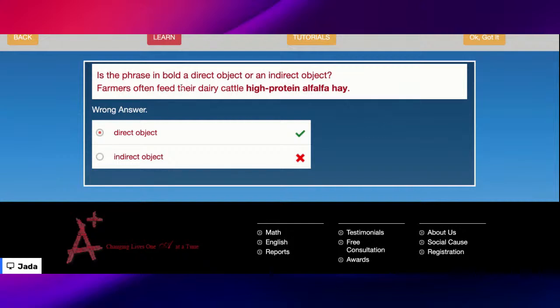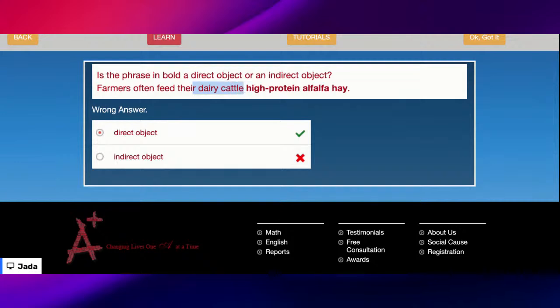Now, farmers often feed their dairy cattle high protein alfalfa hay. Now, feed is the verb. Feed here is the action verb, and then it says to whom do the farmers feed the high protein alfalfa hay? It will be to their dairy cattle.